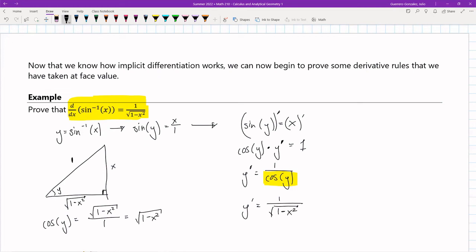All that's left: y was equal to sine inverse of x, so the derivative of sine inverse of x is equal to this right here, 1 over the square root of 1 minus x squared. All of these inverse trig functions have derivatives that work out the same way. This is how you prove these inverse trig derivatives.